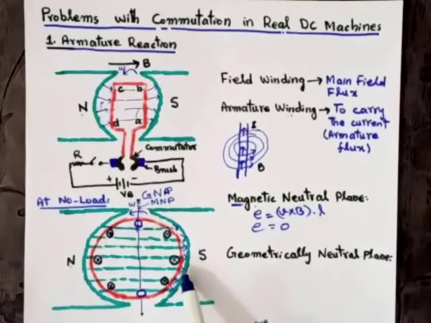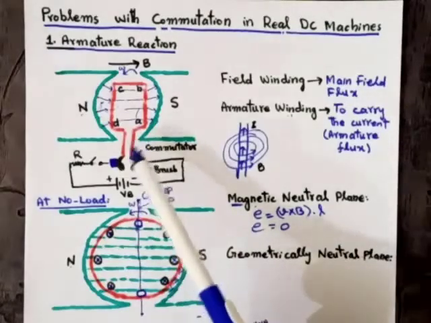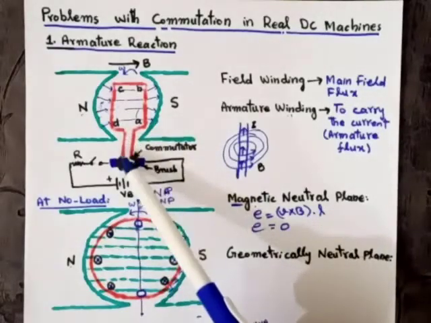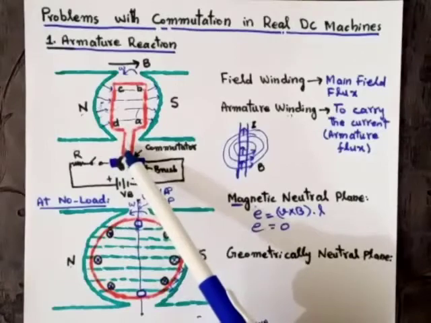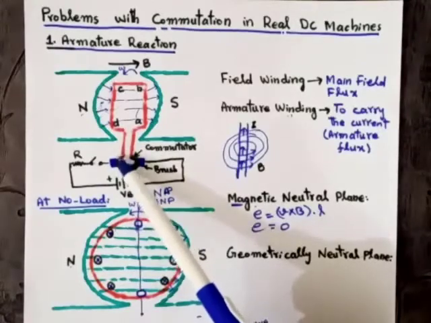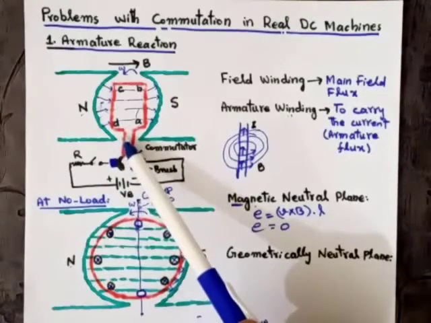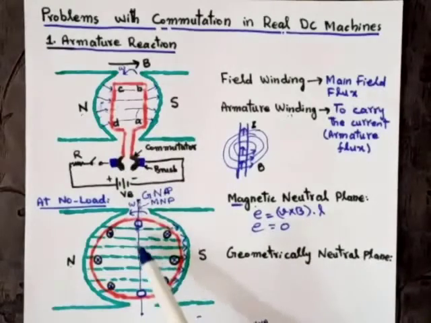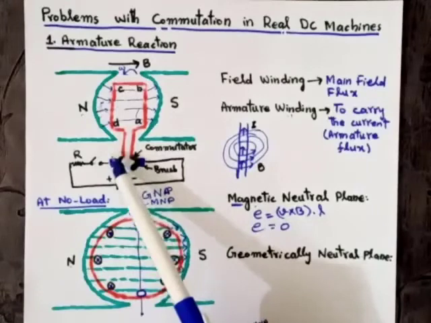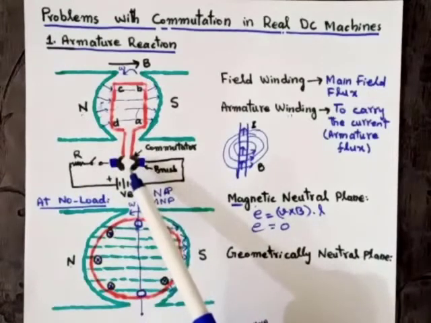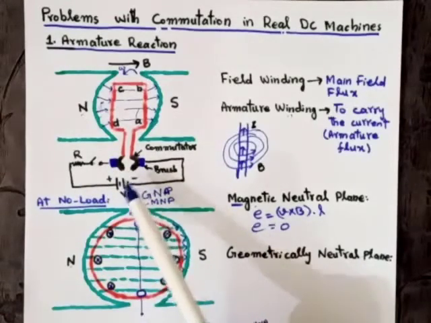Now, when we connect a load across the armature rotor, that is, when we connect the load with the armature winding, here this is the single coil, and in this figure there are 8 coils. When we connect the load across the armature rotor, then the current will flow.